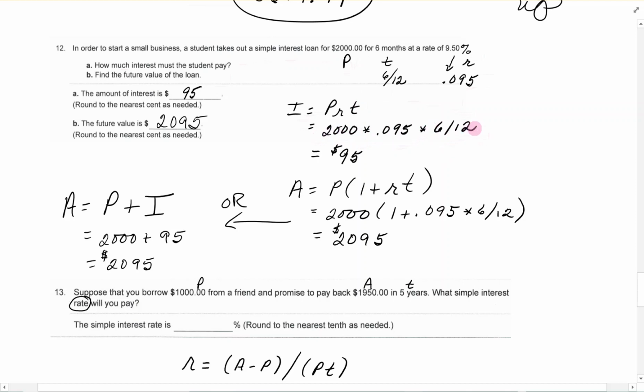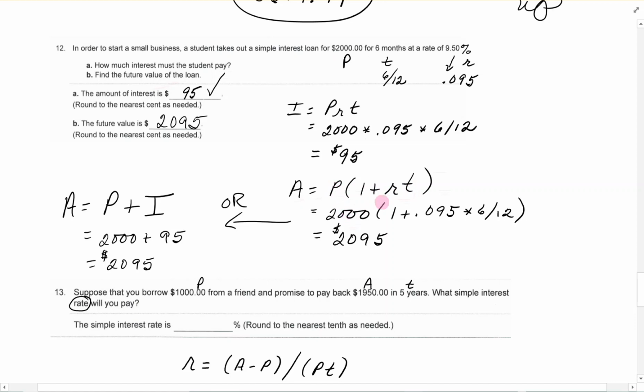Put that in your calculator and you will get $95. That's what we put right here. The second question says, find the future value of the loan. Now, most students would probably use the future value formula. It is A is equal to P (1 plus R times T).